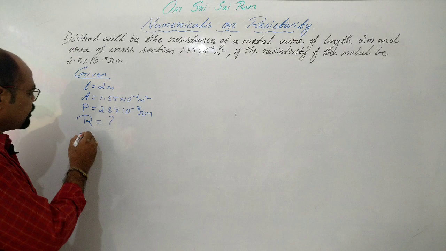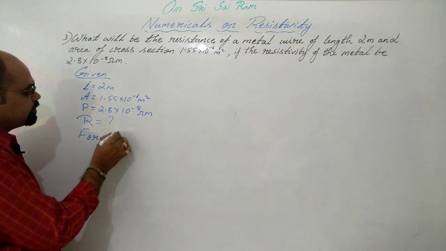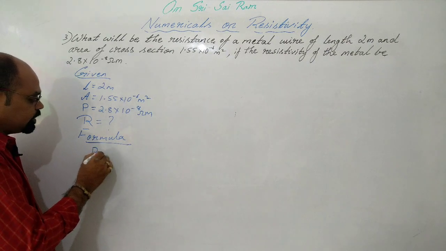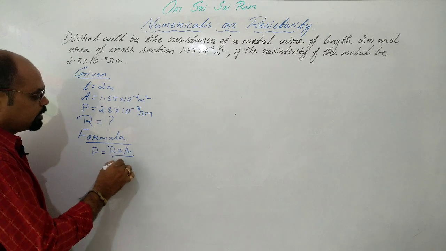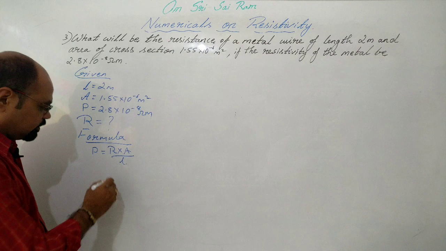Okay. So the formula used to find the resistance. Generally we have the formula resistivity rho is equal to R into A by L. So we want R, resistance.